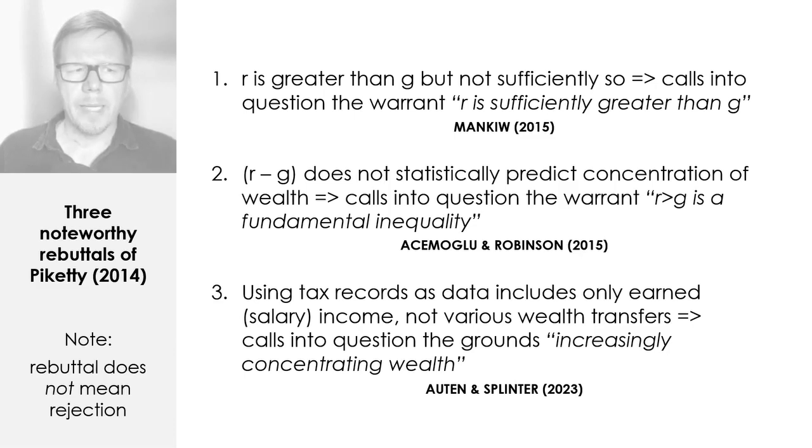So Piketty seems to see more concerns in the empirical material. But the reason he sees more concerns is because he has adopted warrants that, in a sense, give him the license to see these adverse developments. These scholars who wrote the rebuttals are not as concerned.